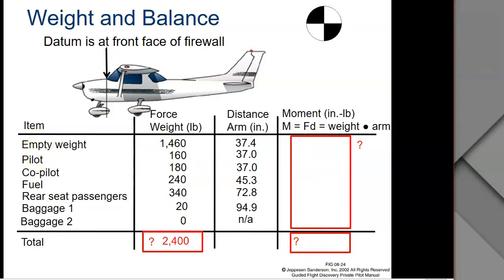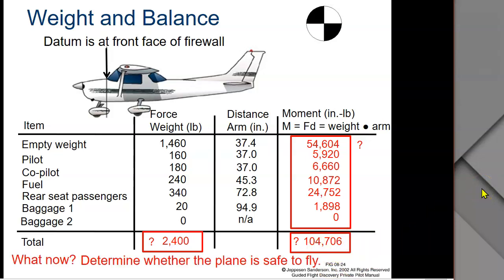Okay, so we add up all the numbers in this column, we multiply these two numbers across and write those values down, and then add up the numbers in this column. So we end up with 2,400 pounds and a moment of 104,000.